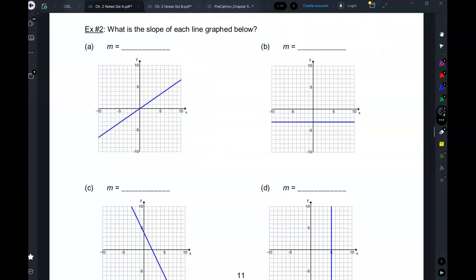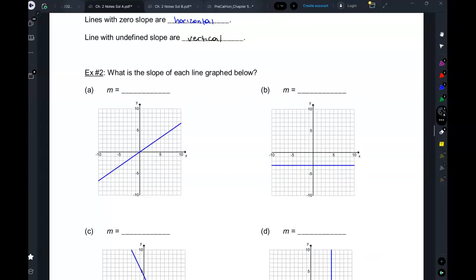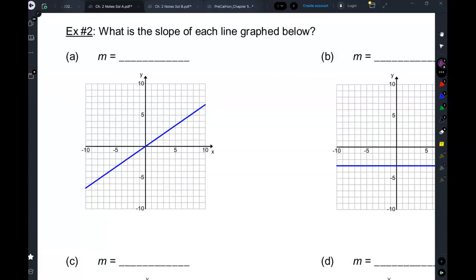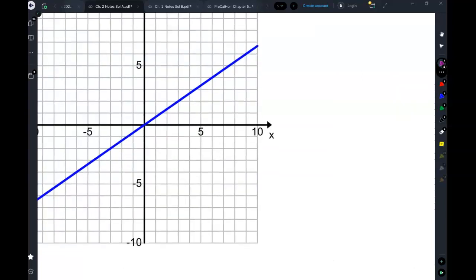All right, so here, the first one, would you expect the slope to be positive or negative? Positive. All right, so to find the slope, we can do rise over run, or you can do the formula. You have to pick 2 points. Any 2 points will work, but if you want to make it easy on yourself, pick points that are at the corners, right?